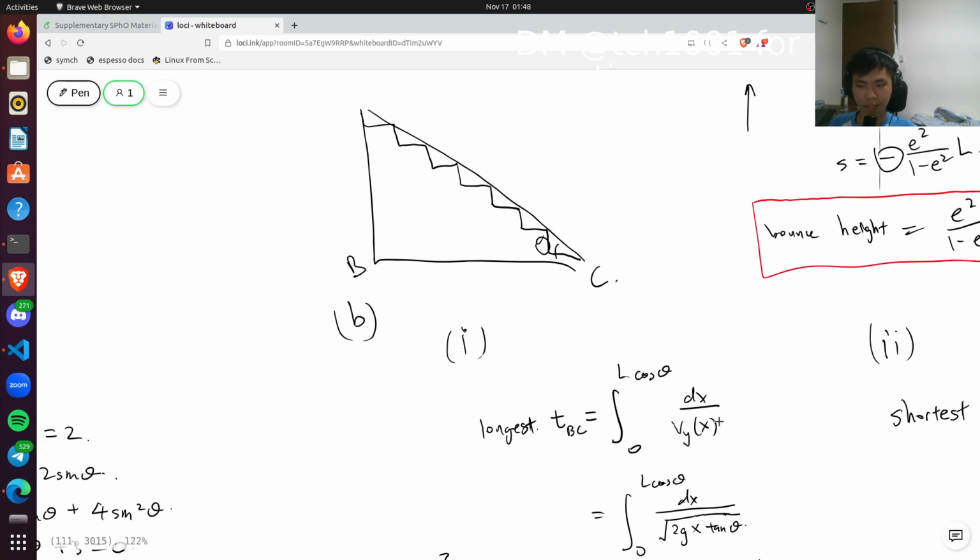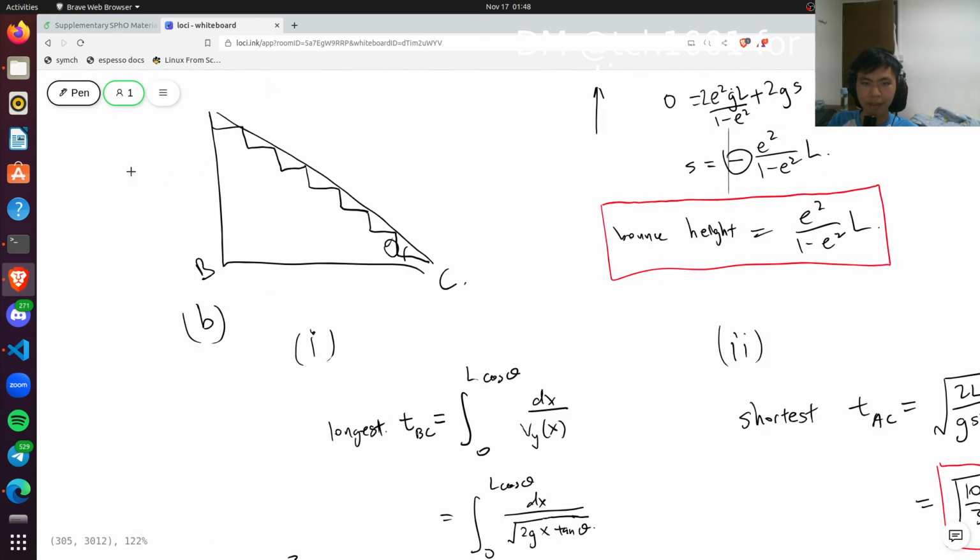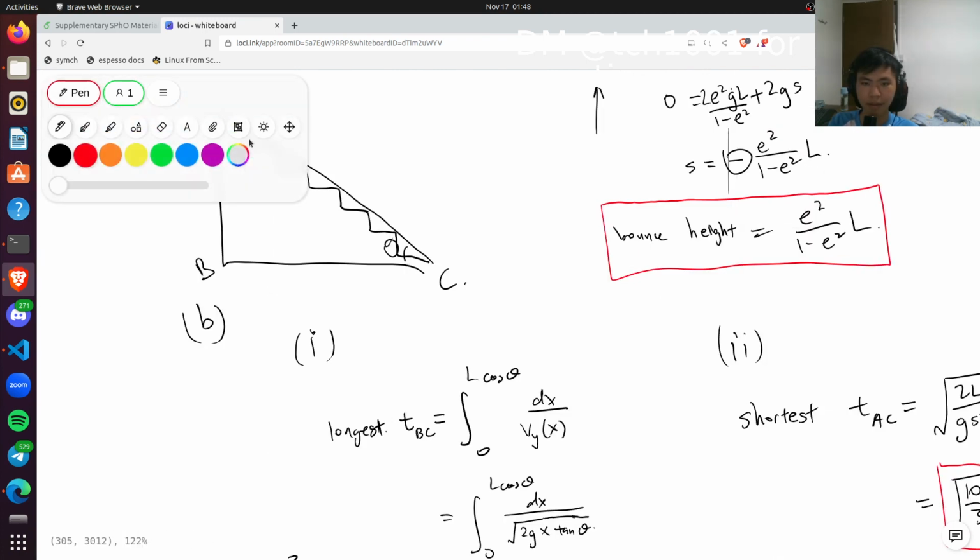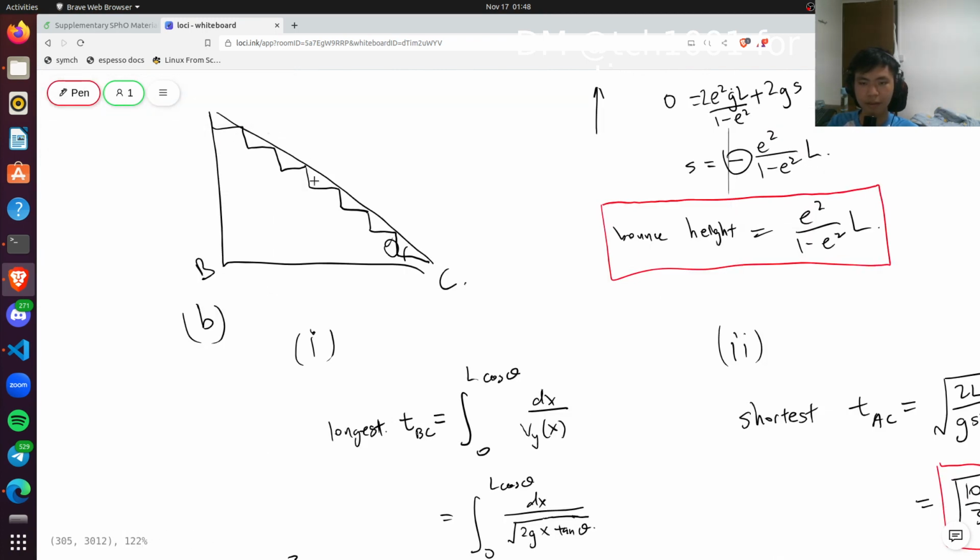The longest possible time would be, imagine breaking down each of the horizontals, the entire BC, into many small segments highlighted in red. Each of these segments, I'm going to call them infinitesimal length dx. Each one of these small red bars is dx, and each dx is going to take some time to traverse. How much time?